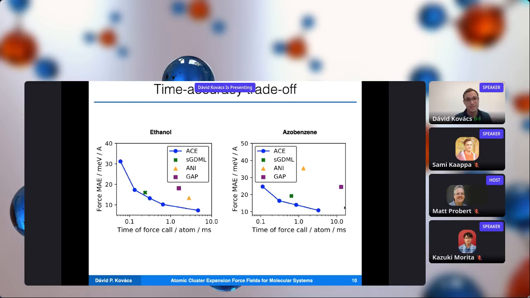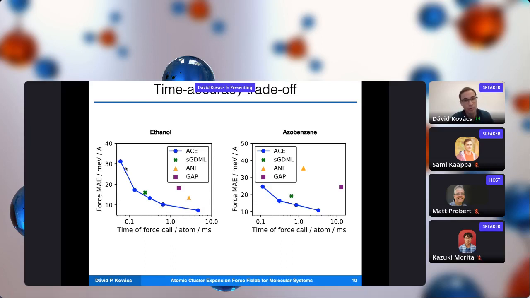And that's not all, because we do this linear regression with this clever density trick. If we plot the time of a force call with respect to the error, we see that ACE is not only the most accurate model, but also the fastest for any given accuracy. Say you want a model that's 10 meV per angstrom accurate, then ACE is going to be the fastest you can get.